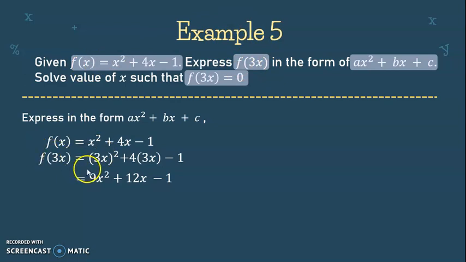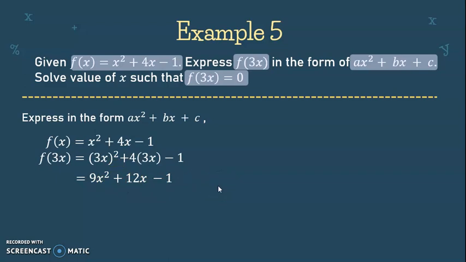So you just need to substitute all the x values here with 3x. And then after you simplify, you'll get the answer, which is 9x squared plus 2x minus 1.